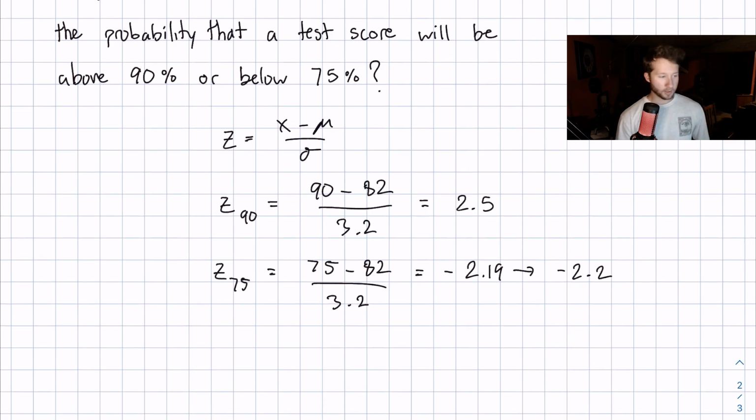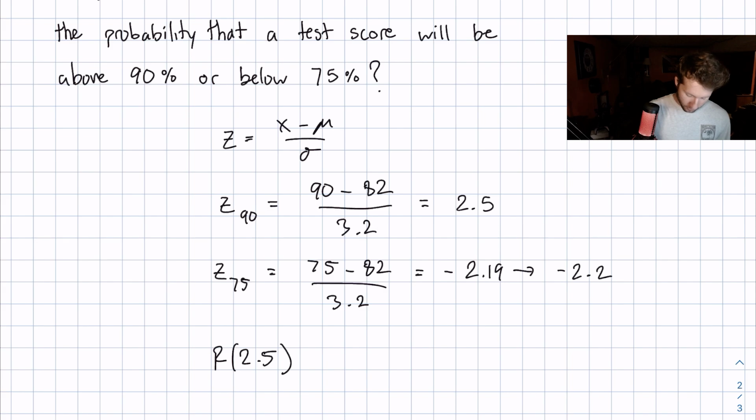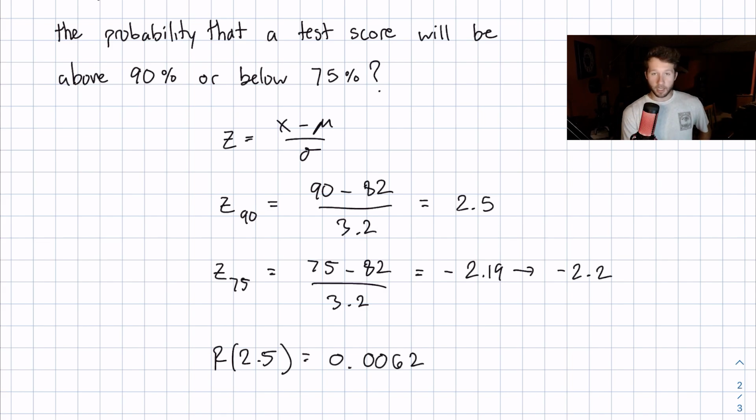If we go down the left column to 2.5, R of 2.5 equals 0.0062. There's no negative there, so we're just going to use 2.2 because it's a normal distribution. It's the same on both sides. So R of 2.2 equals 0.0139.